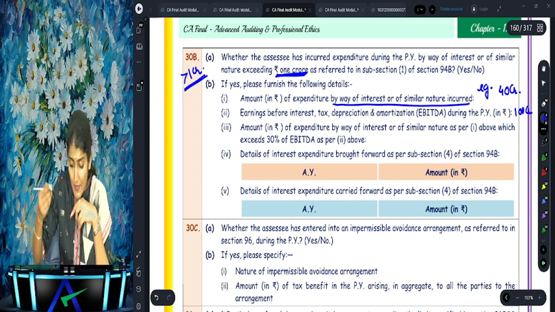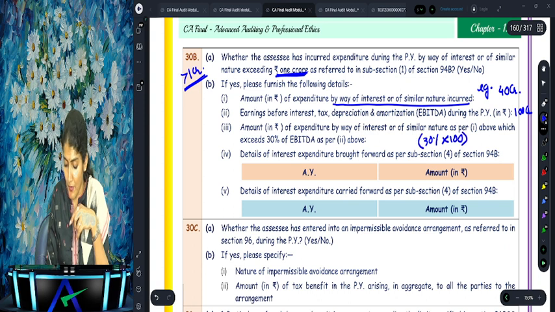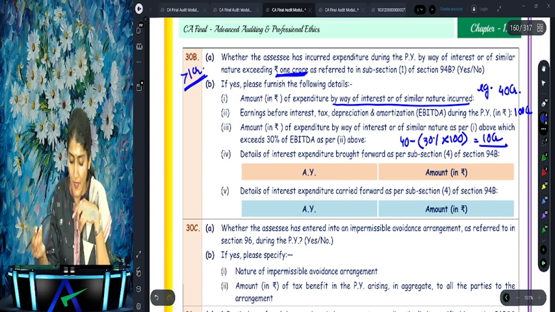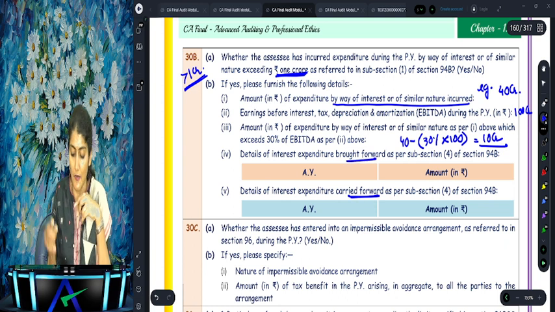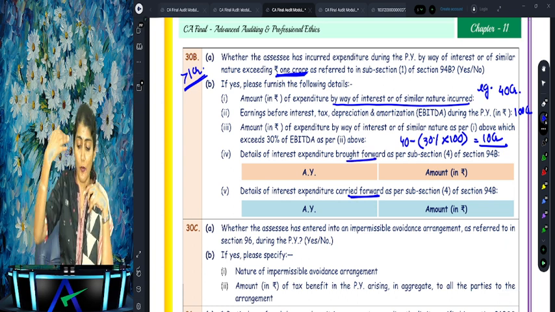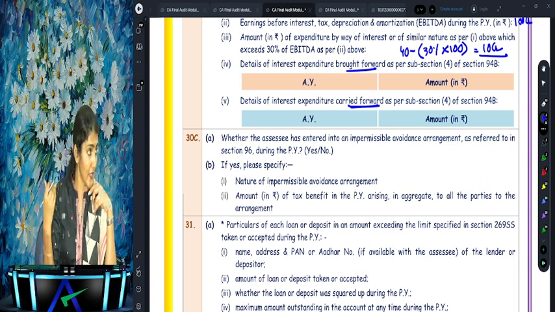How much was it in excess of 30% of EBITDA? 10 crore, because 30% of the EBITDA is 30 crore, and 40 crore minus this 30 crore of EBITDA is equal to 10 crore. So details of interest expenditure which has been brought forward, and details of interest expenditure which has been carried forward. So what you're bringing forward from the earlier year and what you're taking forward in the current year. Are you getting that, everyone?